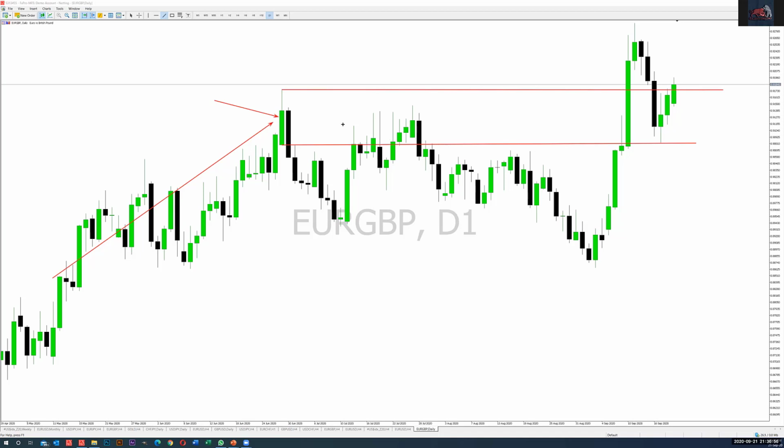But what I'm trying to illustrate is that this area would have been an area where you look for shorting opportunities when price came back. This would have been an area where you'd have been hunting for sell trades because of this supply zone. That's correct.